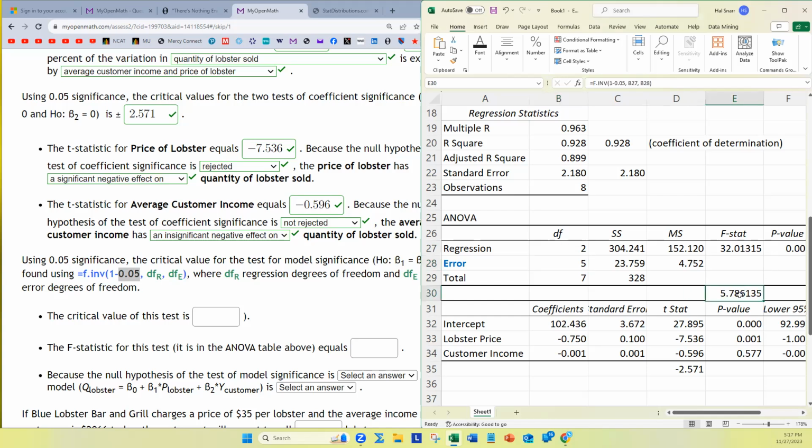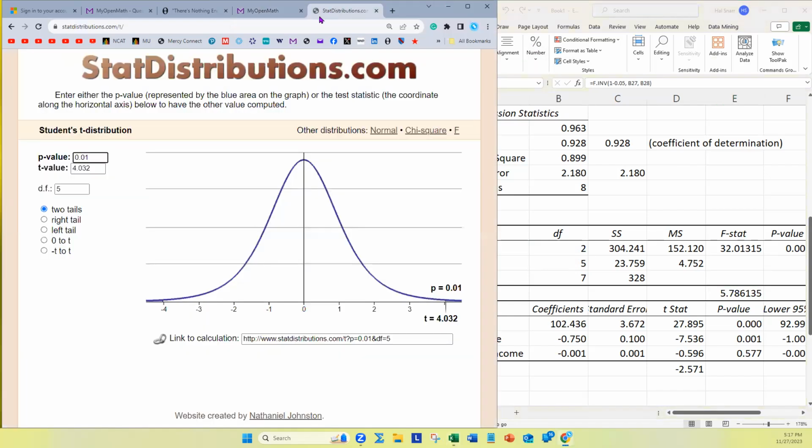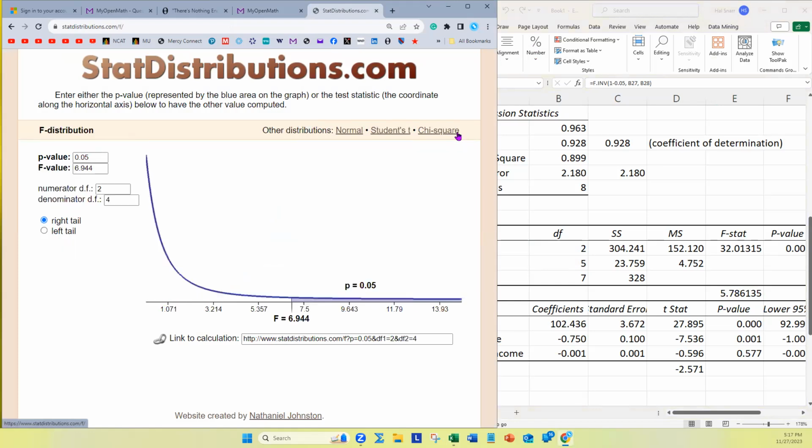So my F critical value is 5.786, right? I can get that in statdistributions.com. So I click on F here. My numerator degrees of freedom are 2.